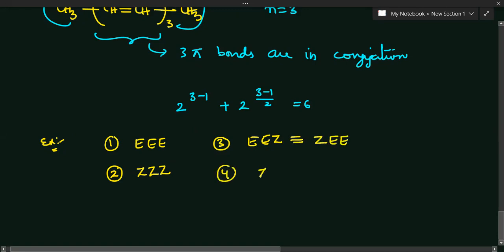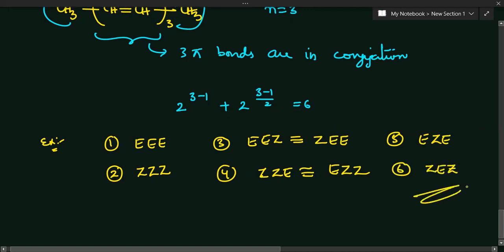And the other one is ZZE, which is also equal to EZZ form. Fifth one, EZE, the fifth possibility. And the sixth one is ZEZ. So total 6 isomers are possible.